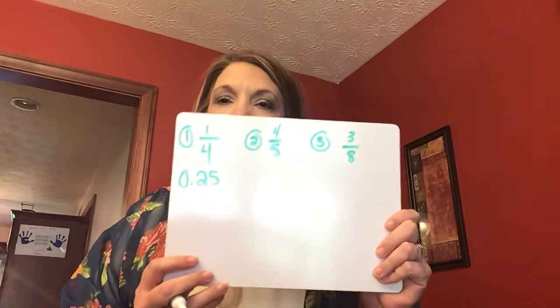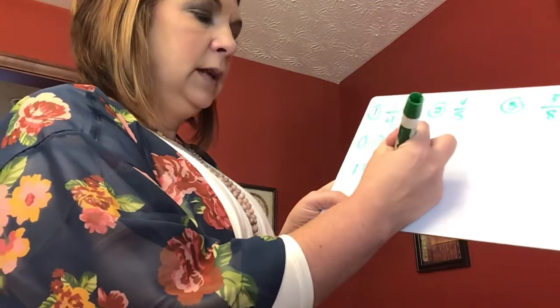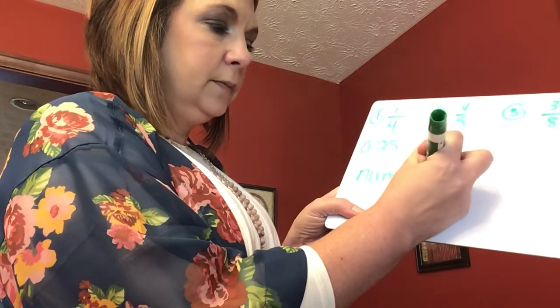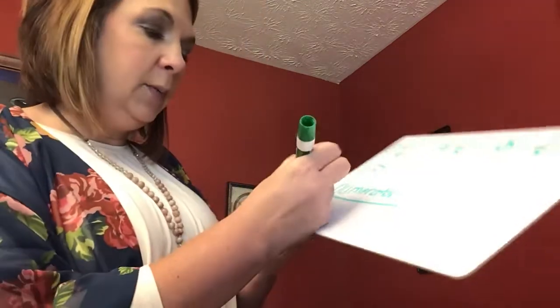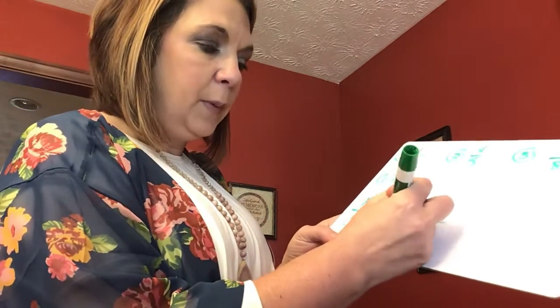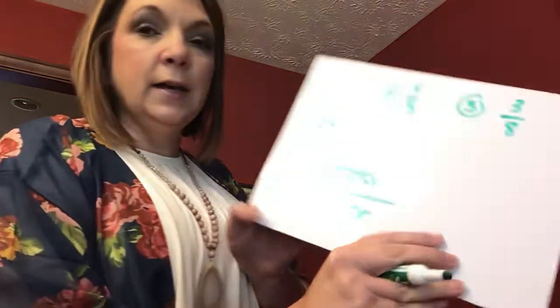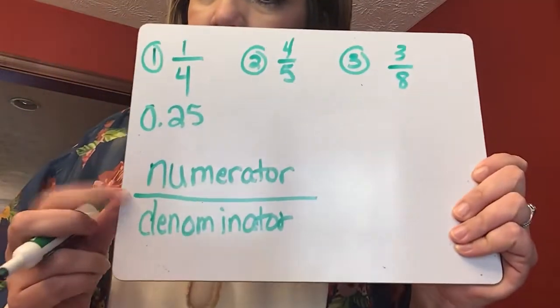But let's have a review. We have a numerator. That's our top number, in case you forgot. And we have a fraction bar, and then we have a denominator. That's our bottom number, just in case you forgot. Now, our fraction bar tells us to do something.